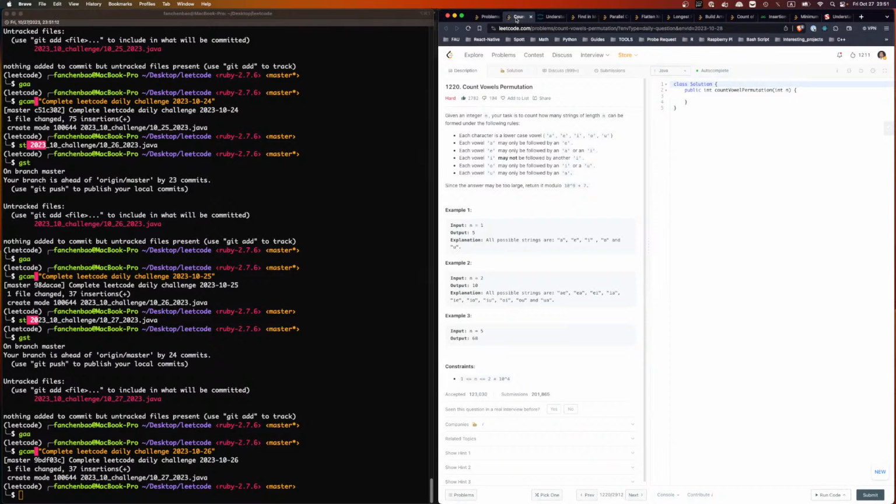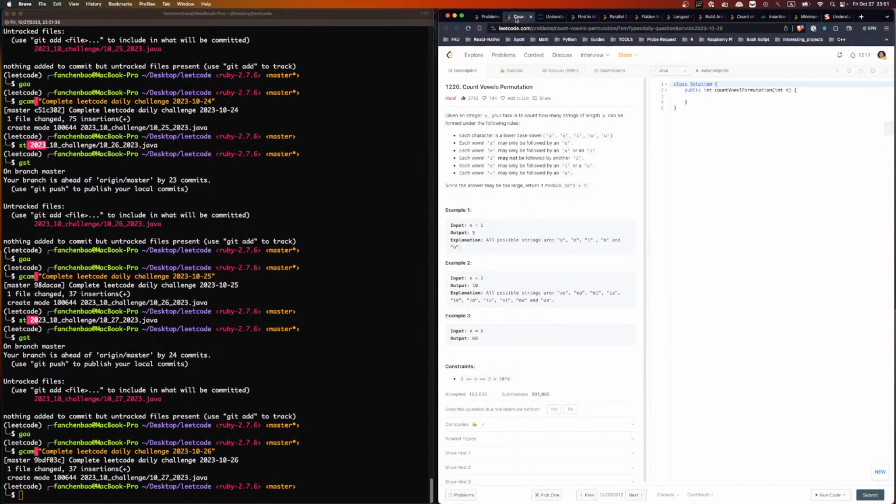Count vowels permutation. Given an integer n, your task is to count how many strings of length n can be formed under the following rules.